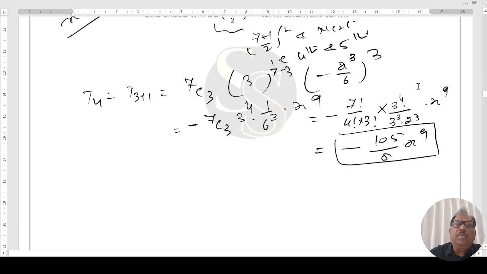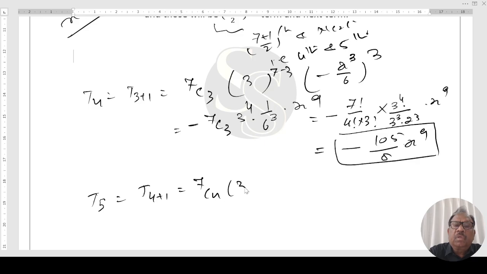And the second middle term will be the fifth term. T5, T4 plus 1, that is 7C4, 3 to the power 7 minus 4, minus x cube by 6 to the power 4. On simplification, the answer will be positive. Simplify it. x to the power 12 will come.